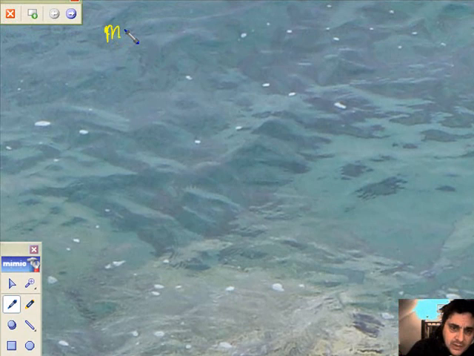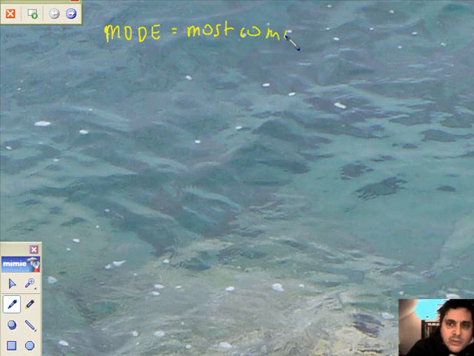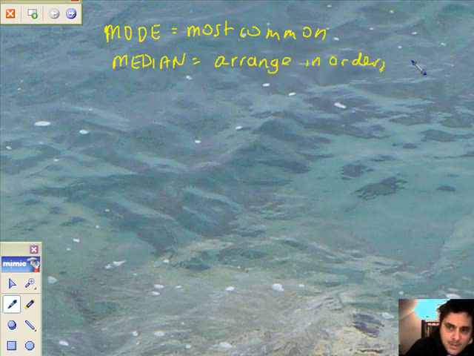You know these from Key Stage 3. You've got the mode, most common. Again, we'll do a couple of questions just to illustrate these basic things. The median: you arrange all the items in order, or lists of numbers, and then you pick the middle one.